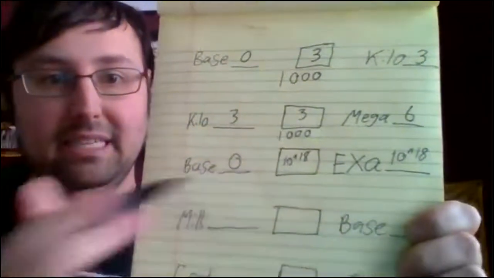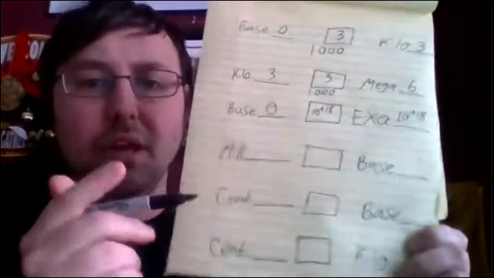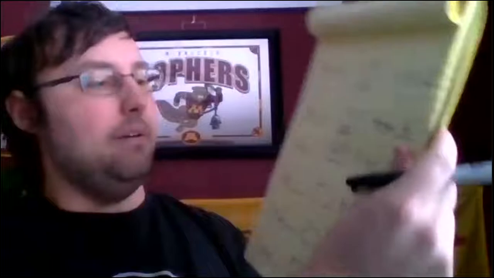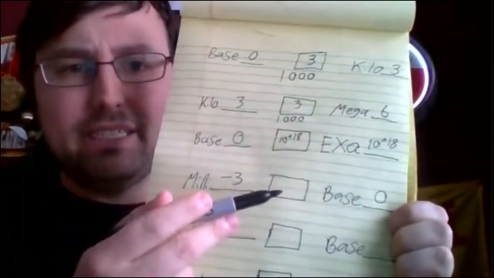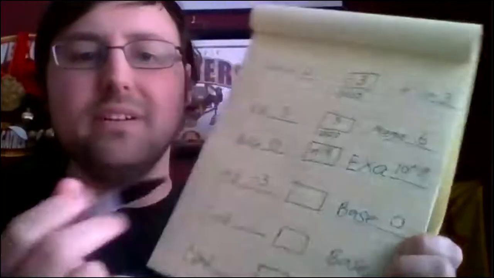So I'm just going to put 10 to the 18th. Milli. Now, milli is -3, and the base is 0. You might be tempted to say, oh, it's -3. Well, the difference in number of steps is still 3. So what's a 1 with 3 zeros behind it?